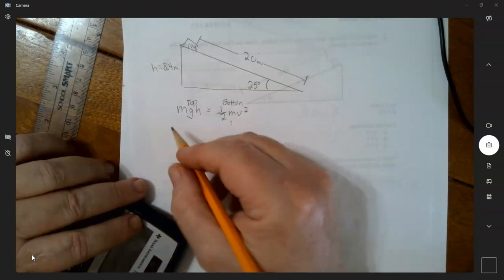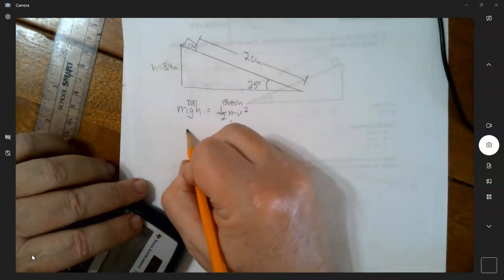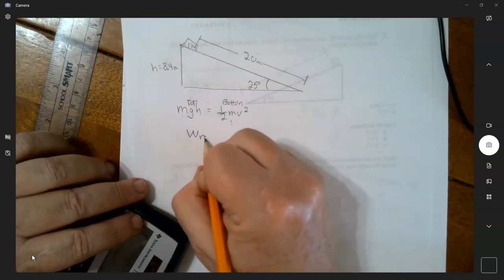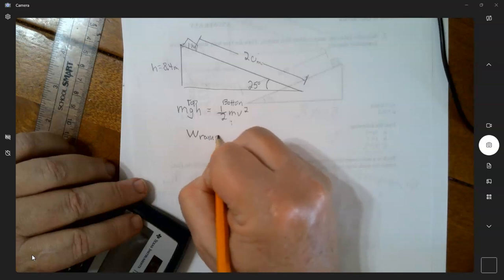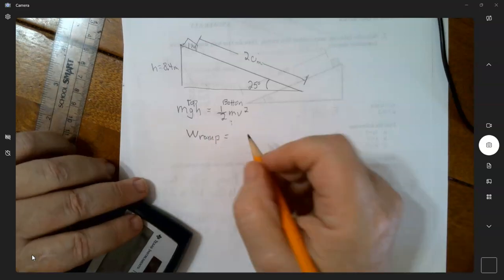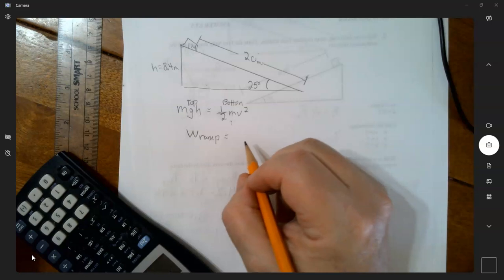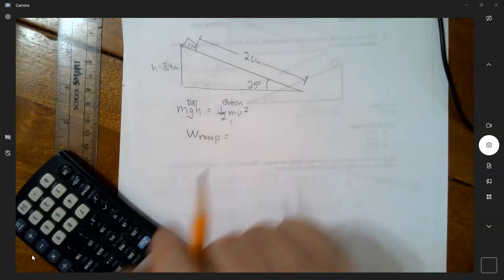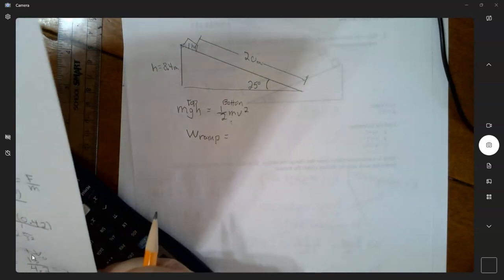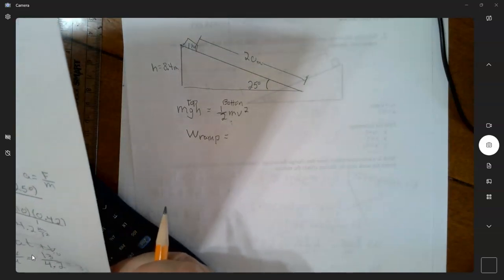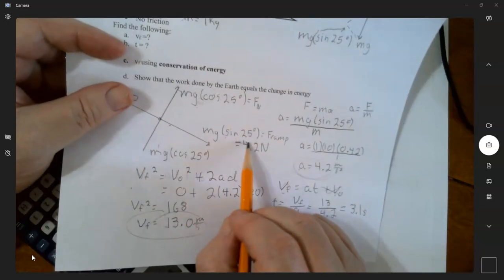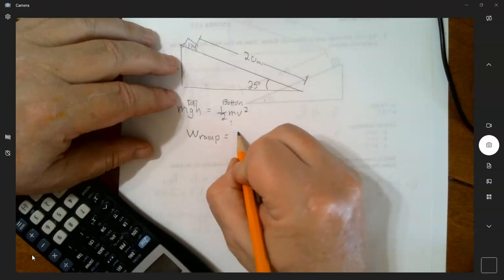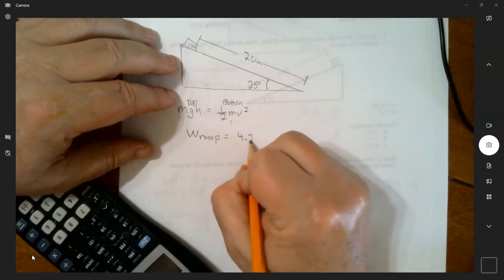So we calculated the work going down, the work down the ramp that the Earth does on the block was equal to the force times the distance. And we came up on the last problem with the force, which was 4.2 newtons. That was sliding down. So that's going to be 4.2 newtons.